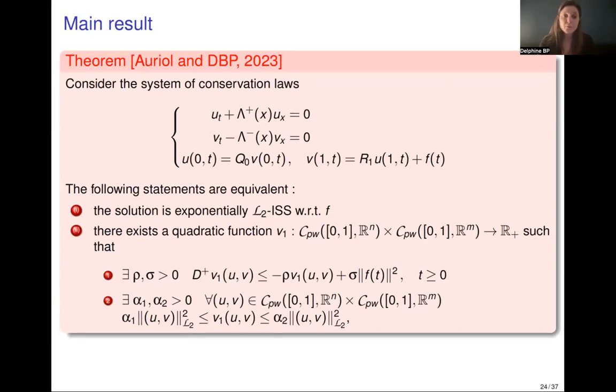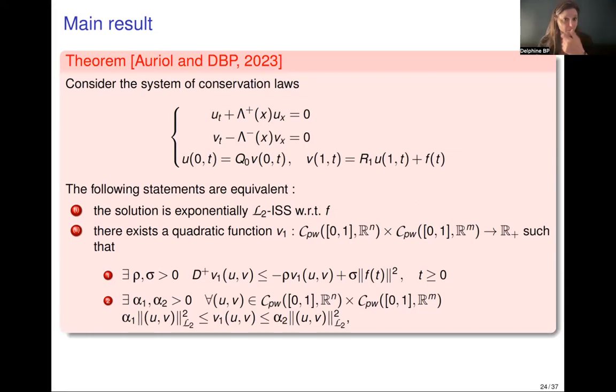The reason why we had to look only at conservation laws to remove the coupling term is due to the fact that we're not able to formally write the functional that we obtain in terms of the PDEs, so as the state of the linear difference equation, back to the PDEs. But I'm going to explain this a bit more now.